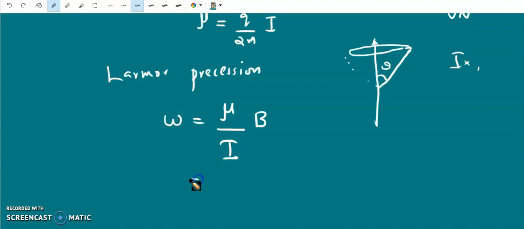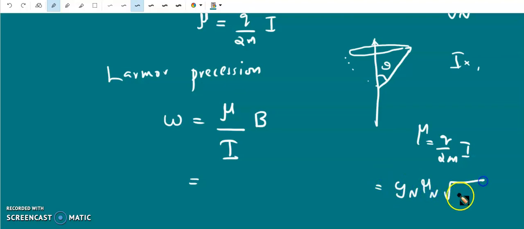Substituting these values, we found that mu is equal to Gn mu n root of I into I plus 1. So in terms of the nuclear magneton, this is the magnetic moment.